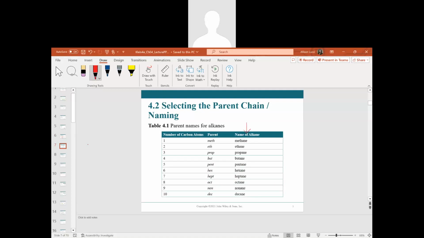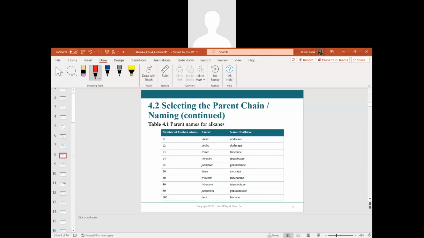When we have 1 carbon, that would be a methane, and the parent prefix would be meth. You can see ethane, propane, butane when we get to 4 carbons, etc. I would definitely know how to name at least the first 10 alkanes correctly. And you won't really need to know these higher nomenclatures down here, but you may see an 11 or 12 carbon in a bicyclic compound.